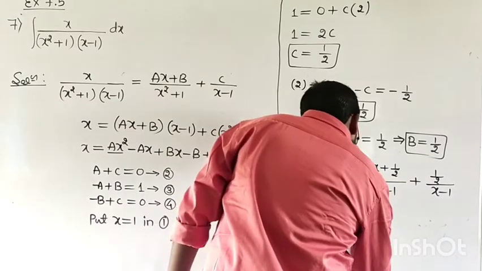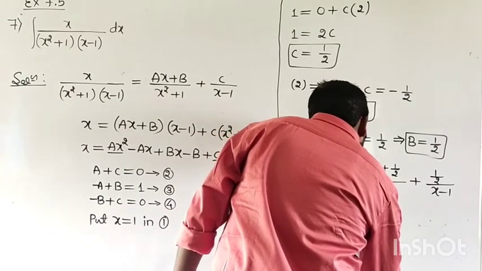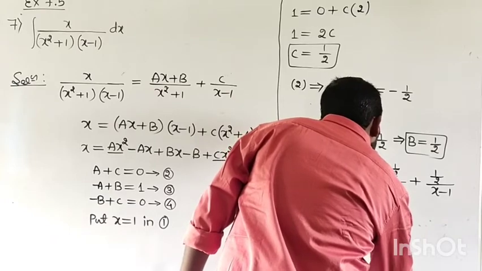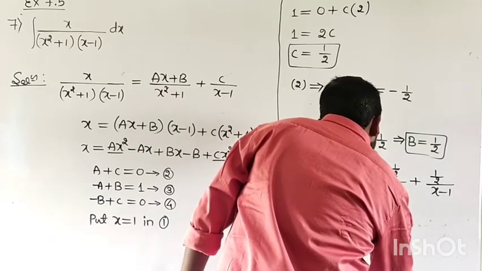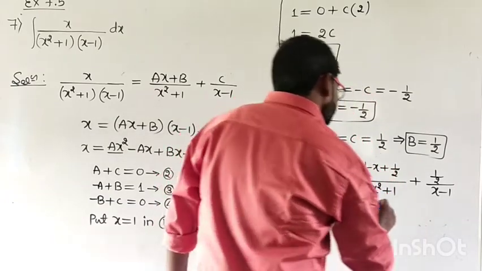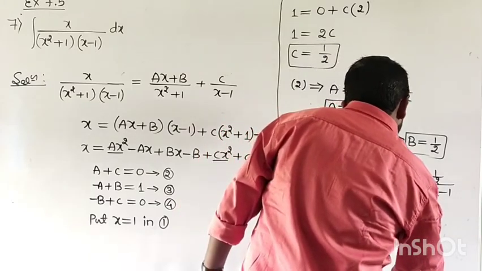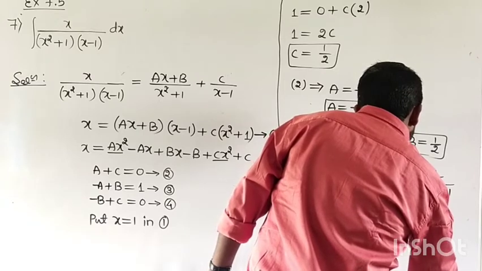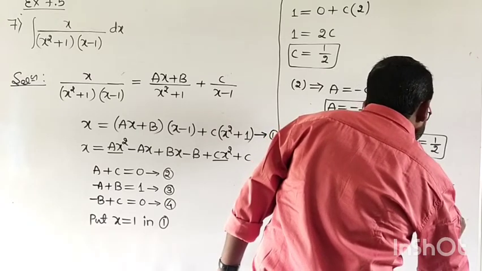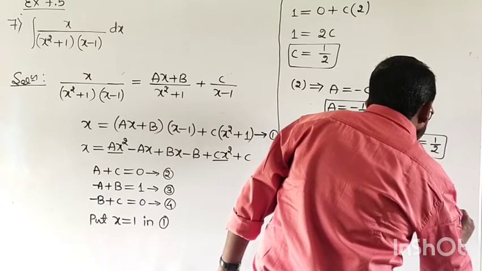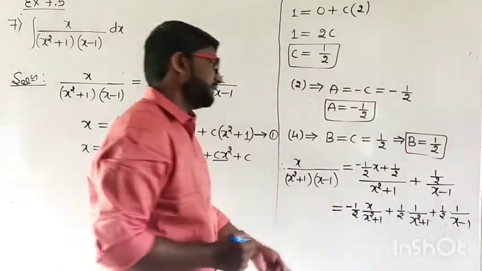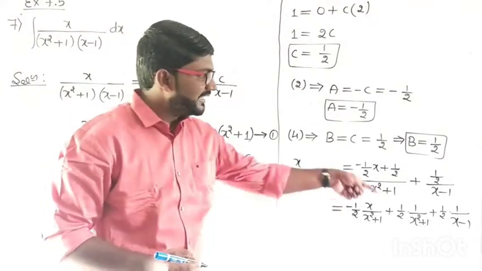So here minus 1 by 2 x divided by x square plus 1, plus 1 by 2 into 1 divided by x square plus 1, plus 1 by 2 is a constant factor outside, so 1 divided by x minus 1. So now we have got three terms.